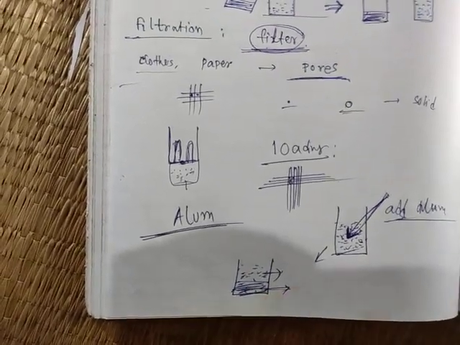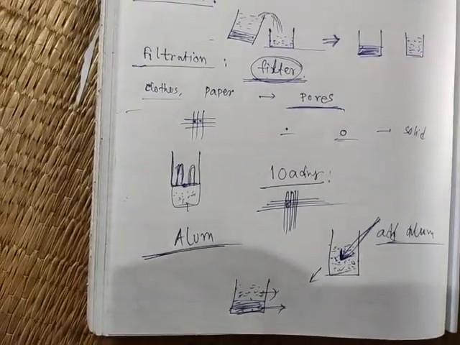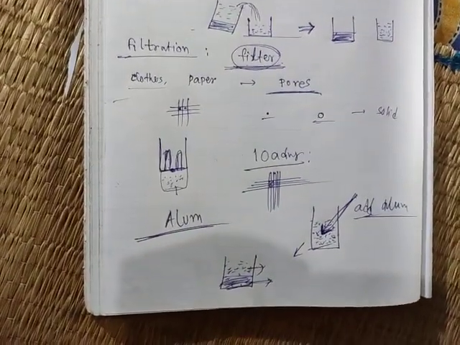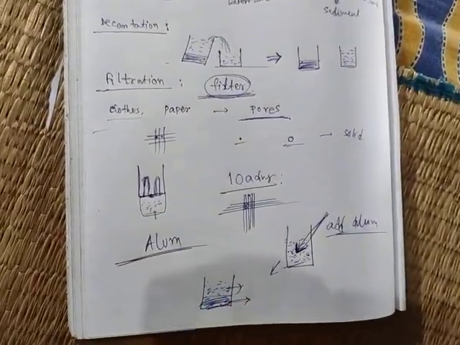That means in this process we can separate the solid and the liquid easily. So understand what is loading. Okay. So first sedimentation, next decantation, filtration and loading. So read very well. Thank you.